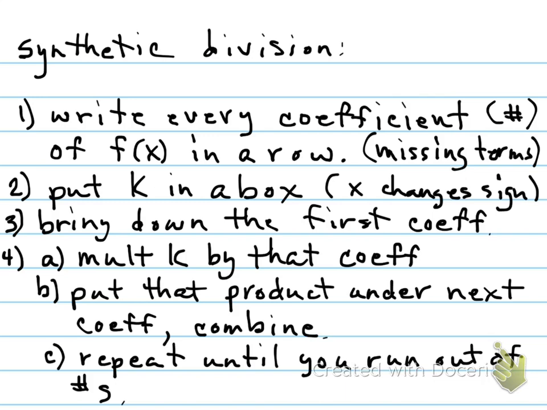You multiply it times your k. Combine, which gives you a new number down at the bottom. So you multiply that times your k. Combine, put it under the next coefficient, combine, and you just keep doing that until you're out of numbers. Okay? And when you run out of numbers, you're done with your division without ever having to do any division.